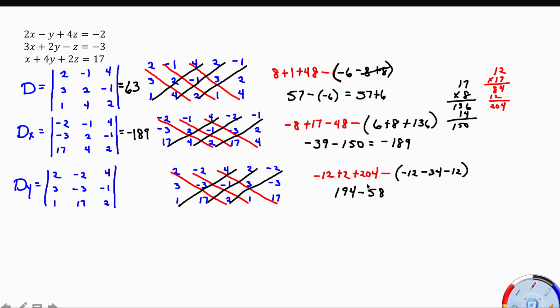Oh, minus 58. Watch your signs. I've got a minus here. And then that's all negative. So 194 plus 58 is 252.